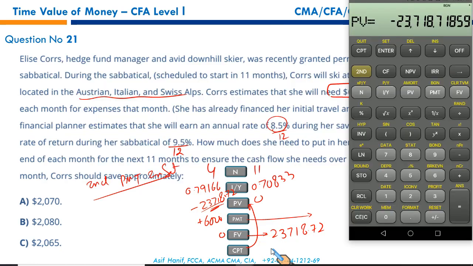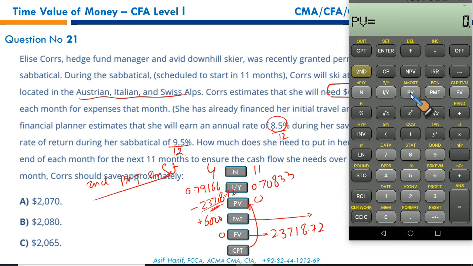So first we will need to convert our calculator into the end mode. 11 payments. Interest rate is 0.70833. Present value is 0.